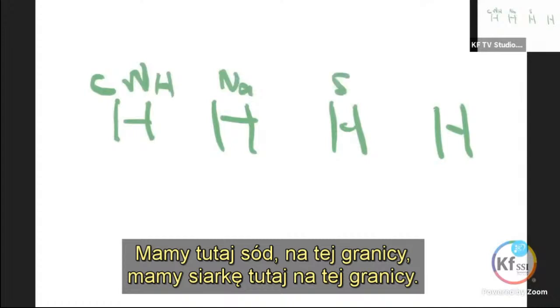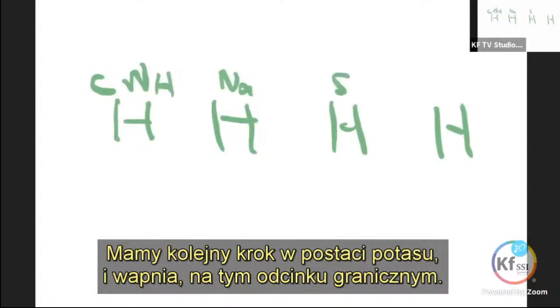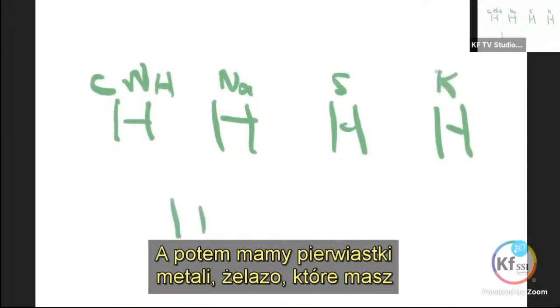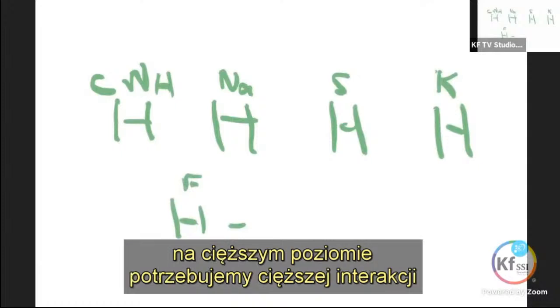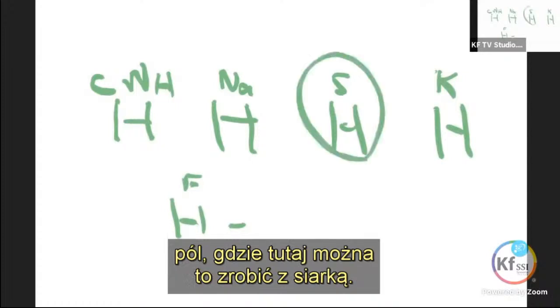We got sulfur here with its boundary. We got the next step, potassium and calcium in this boundary section. And then we have the elements of the metals, iron, which has cobalt on one side of it, because now at the heavier level, you need a heavier interaction of the fields, where here it can be done on its own.